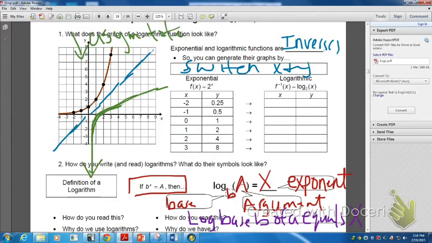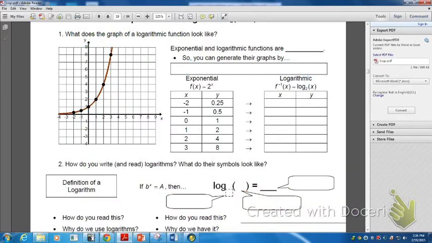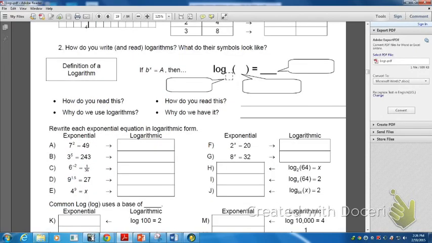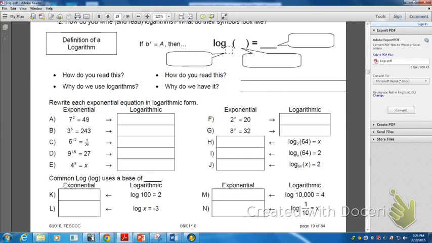All right, so let's come down here and write them out. What we're going to do now is take our function that is in exponential form and rewrite it into log form, and then we'll take the log form and rewrite it into exponential.